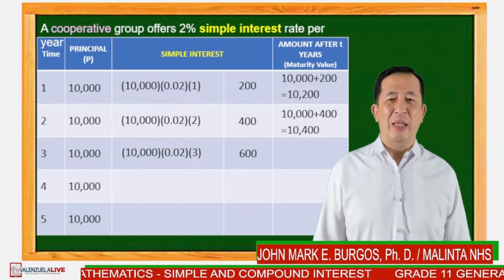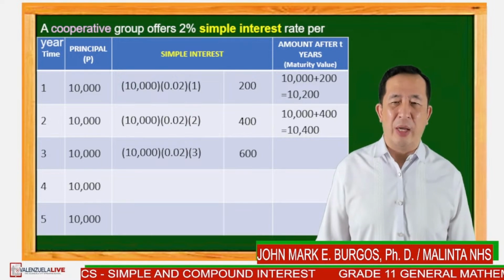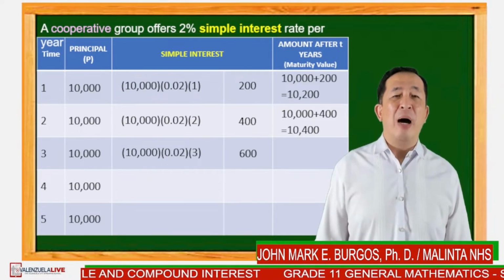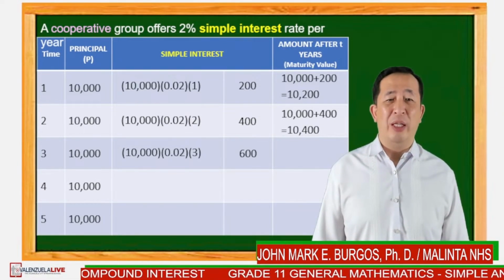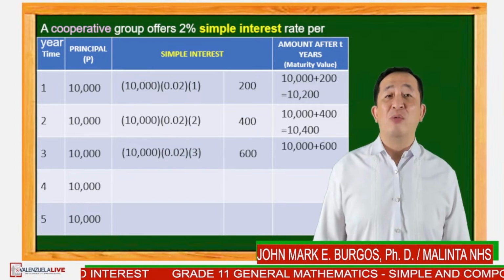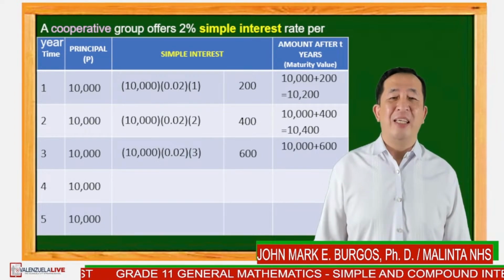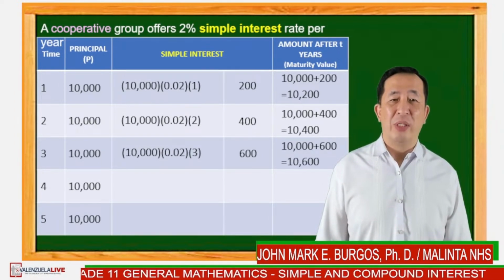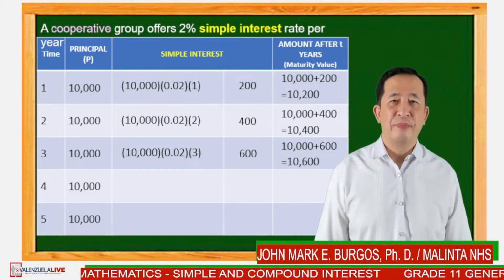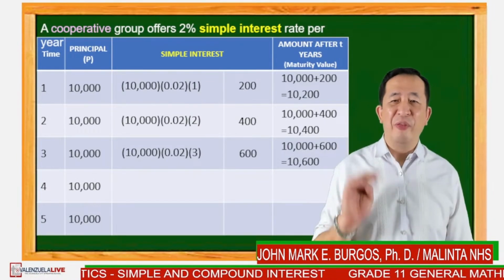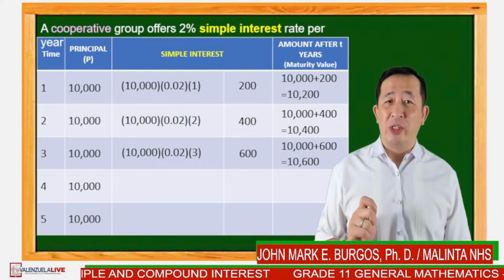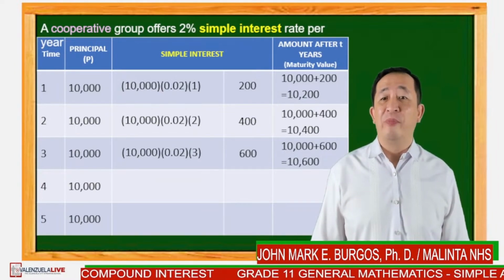Adding the computed simple interest to the principal, the amount after 3 years, or the maturity value, will be 10,000 plus 600 is equal to 10,600 pesos. On the fourth year, again, we start with the principal amount of 10,000.